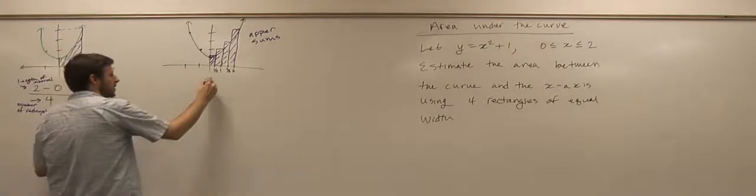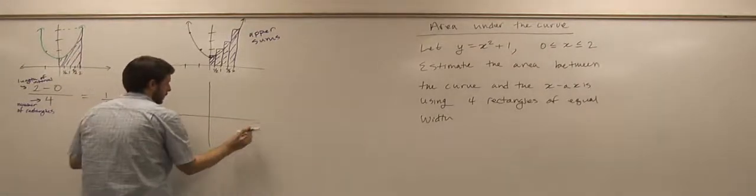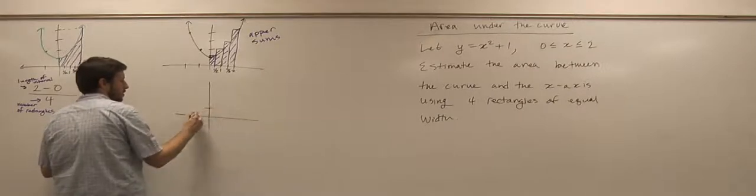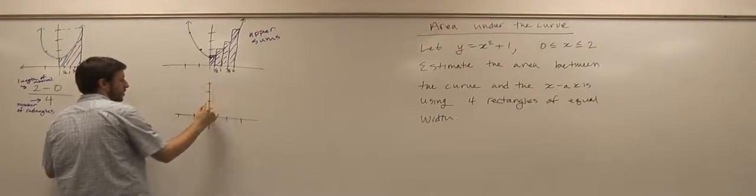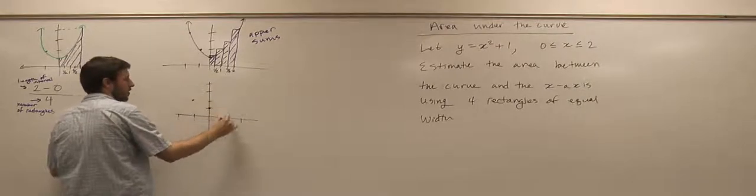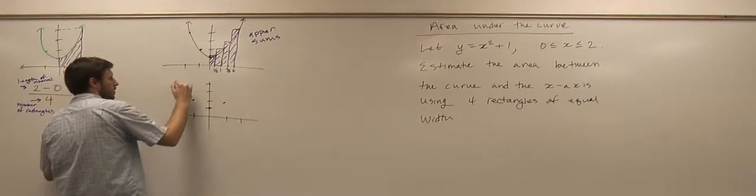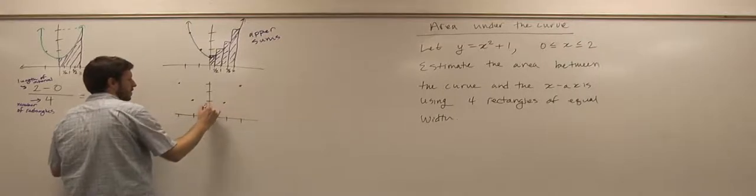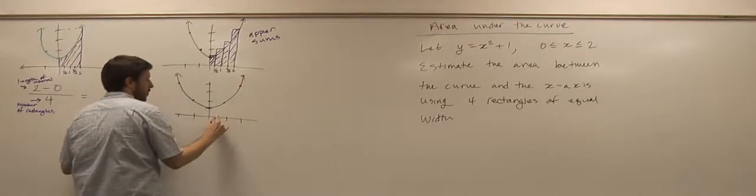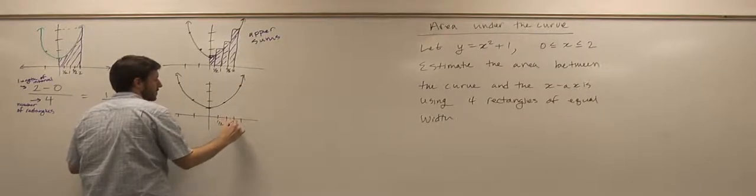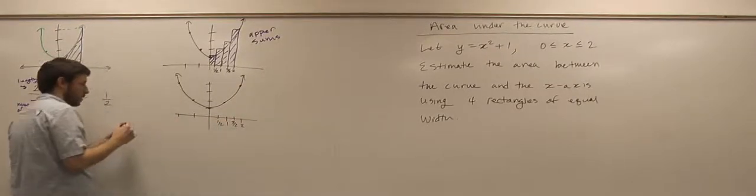Or you can do lower sums. What do you think lower sums will do? Stay below the curve. Here's 1/2, 1, 3 halves, 2.